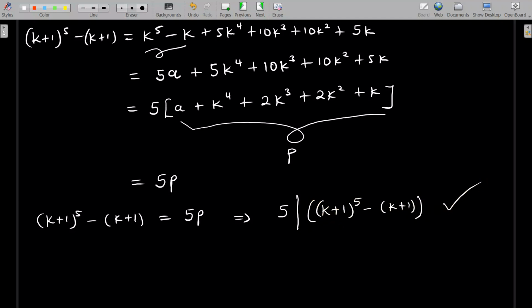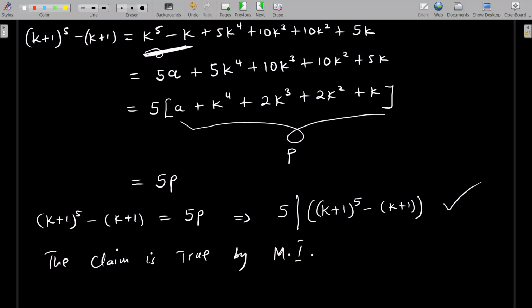And this is true. That's what we wanted to show, right? We used the p of k at this point to show that p of k plus 1 is true. So here the claim is also true. The claim is true by mathematical induction. And that's it, right?